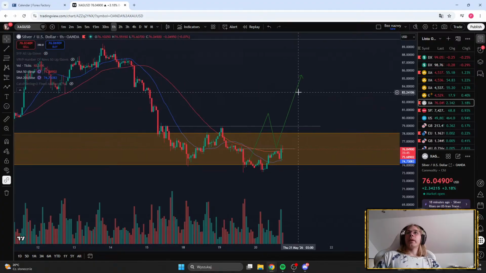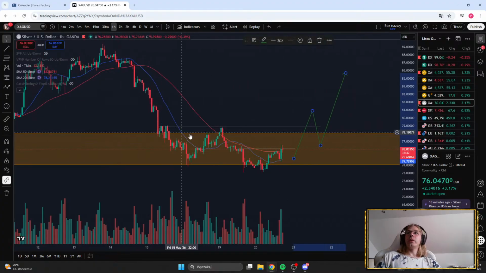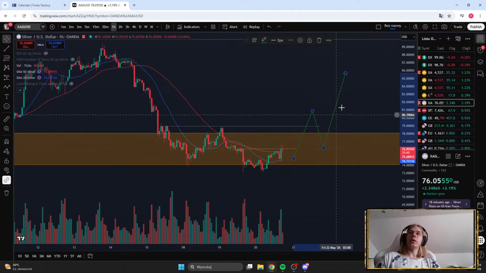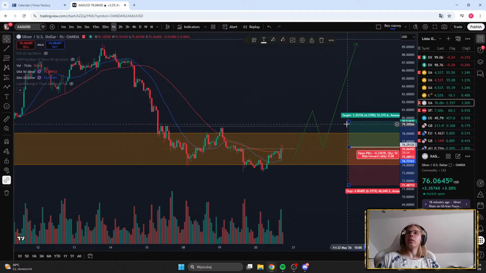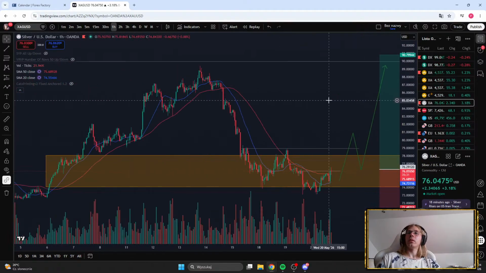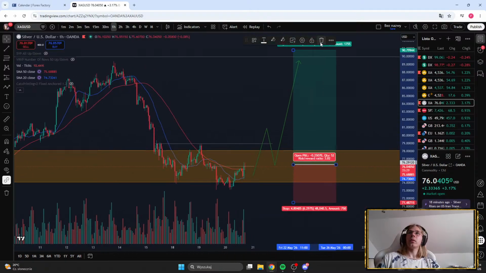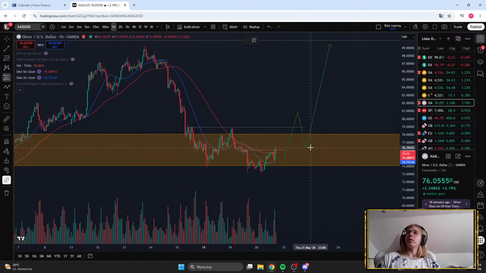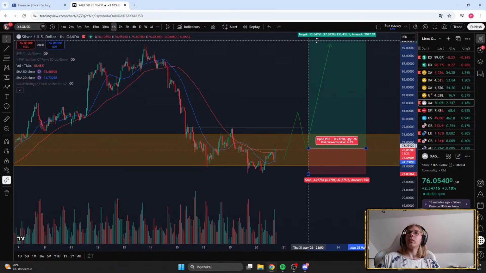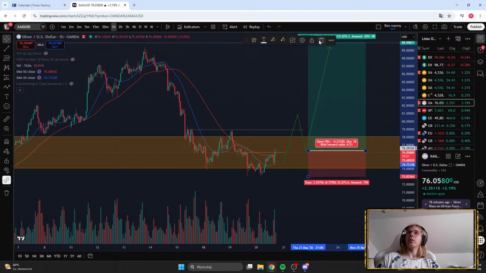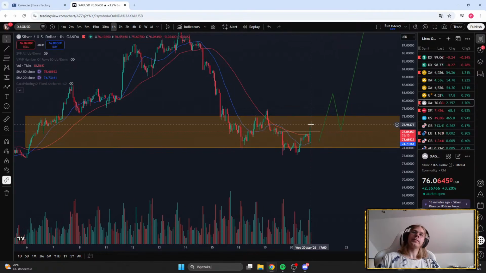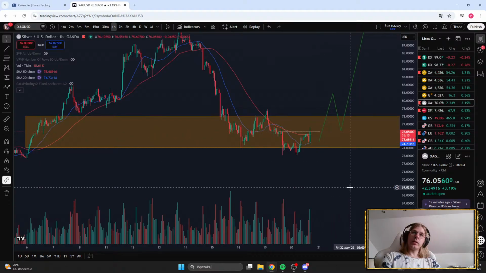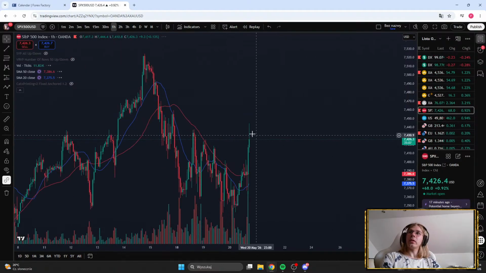So, same vision as for gold. If we sweep that highs, bigger pullback, and then you can go with your long setup. If we do not take it out, sit on your hands. Or if you are a seller, maybe you see something for sells.